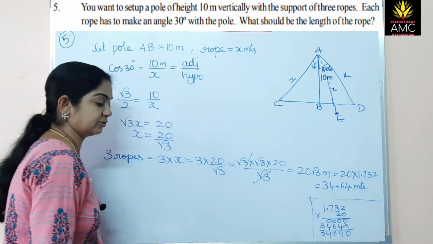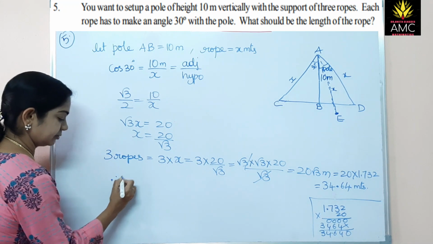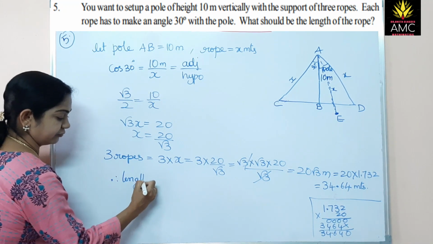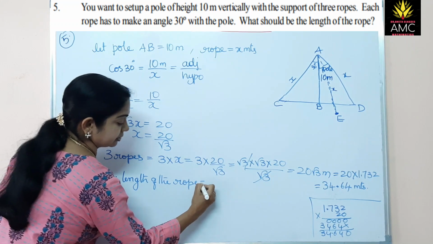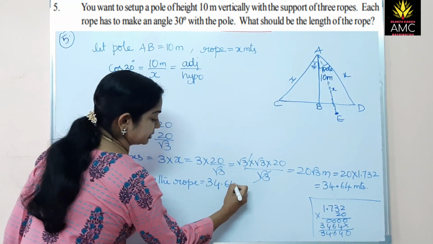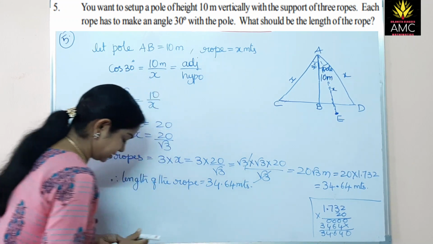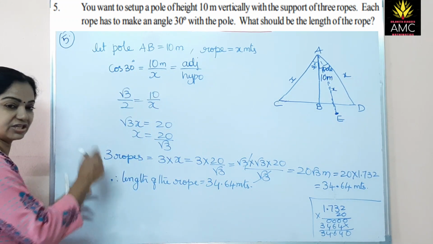That is the total length of the rope. Therefore, the length of the rope is equal to 34.64 meters.